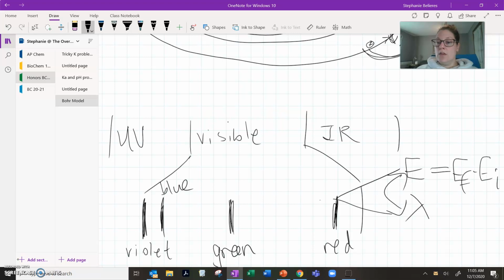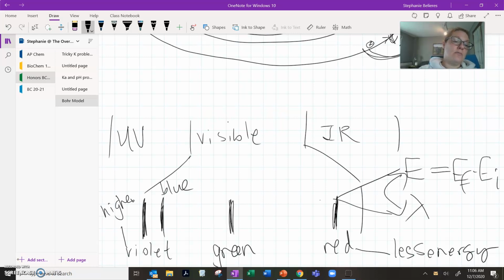All right. Now we know that red light is less energy, and violet light, because it has a shorter wavelength, has higher energy. So we are able to quantify which transitions result in red light being emitted, which transition represents light that is green, light that is blue, and light that is violet.